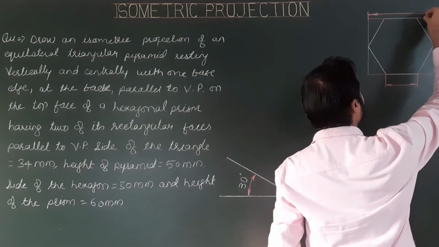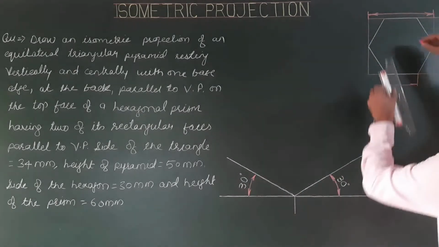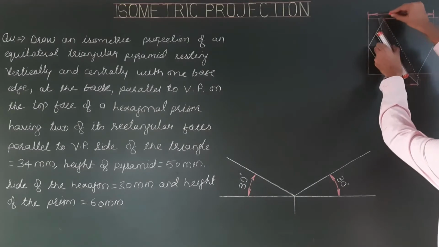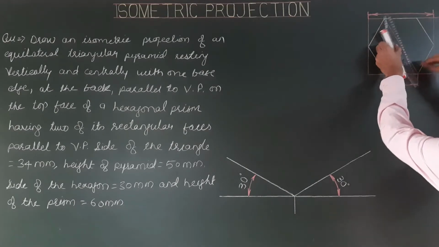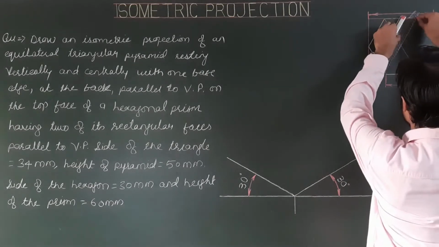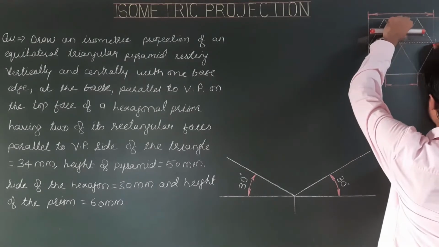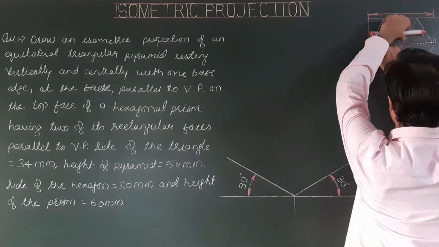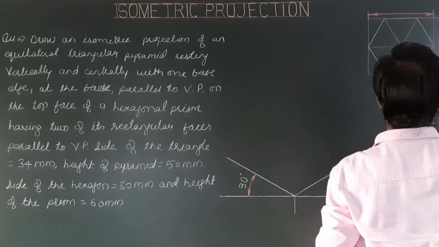For the center, drawing lines from opposite corners. So simply joining opposite corners, the common intersection point will be the center of the hexagon. This is the center.